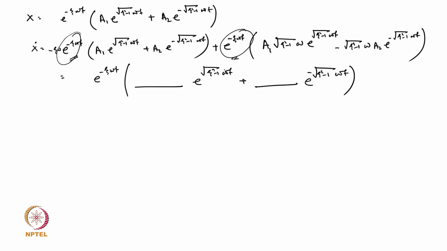Other things will be pre-multiplied, and you will have majorly these two exponential terms with some coefficients here and there, maybe I just assume C1 and C2. There will be some terms like minus xi omega plus something into A1, and then with A2 some portion will come. Okay, and we are able to get that solution.